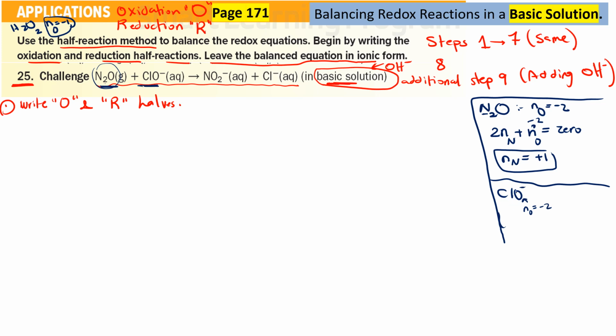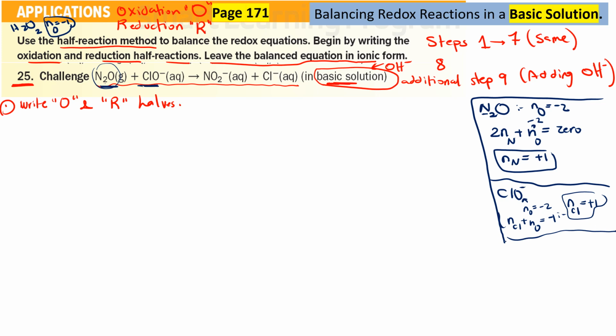And since the overall charge is minus 1, the oxidation number of Cl plus the oxidation number of oxygen should be equal to minus 1. So the oxidation number of Cl should be plus 1.